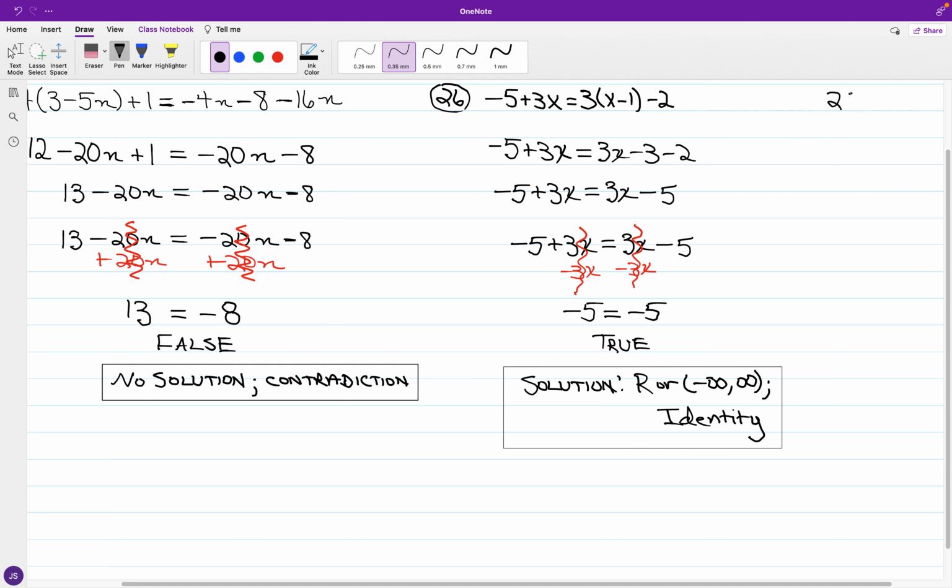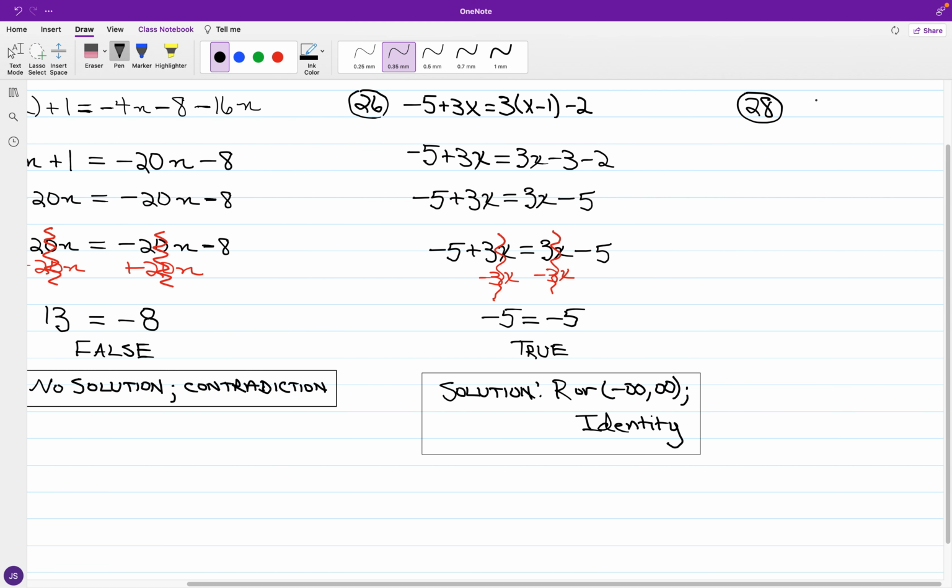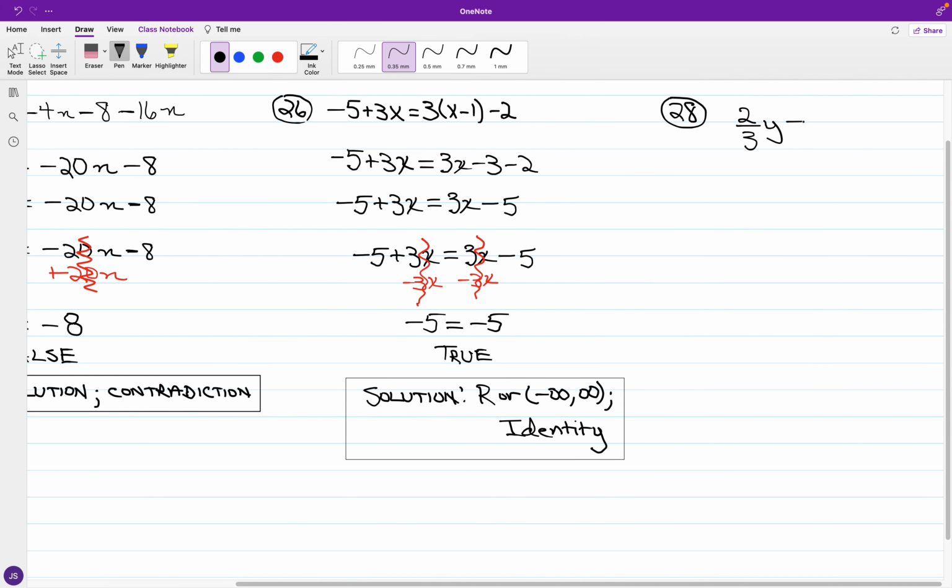So for the setup we have for number 28, 2/3 of y minus 5 is equal to 1/6 of y minus 4.